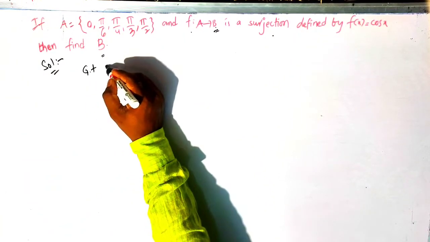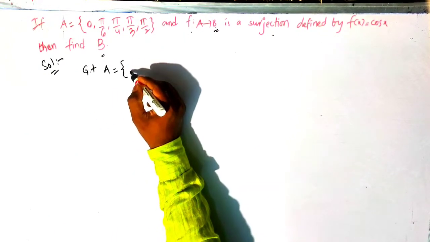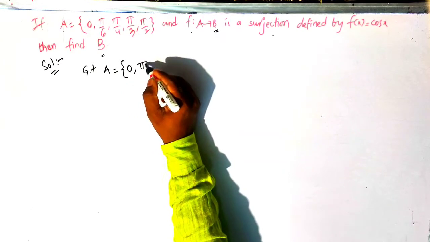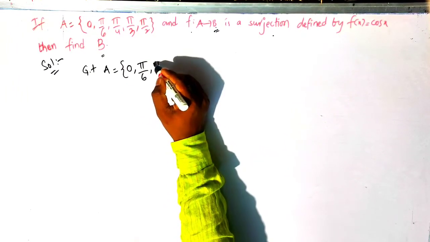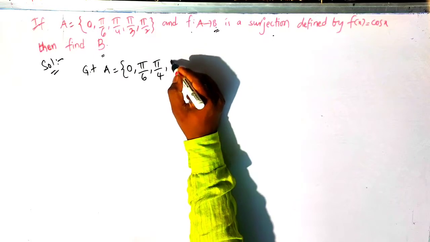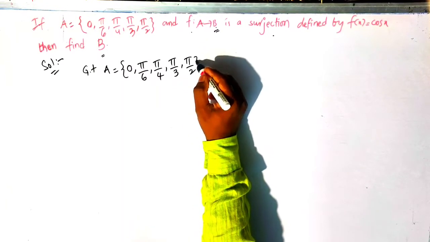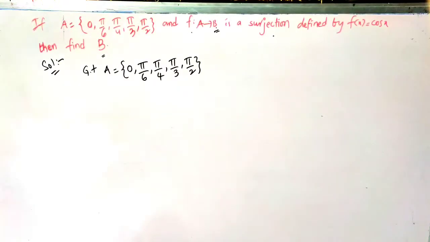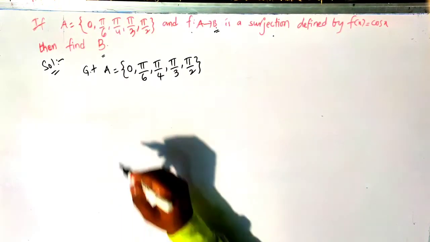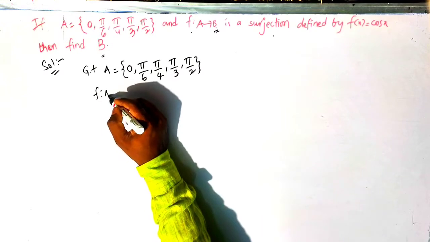So now, given that A values are 0, pi by 6, pi by 4, pi by 3, pi by 2. Now f from A to B is a surjection.